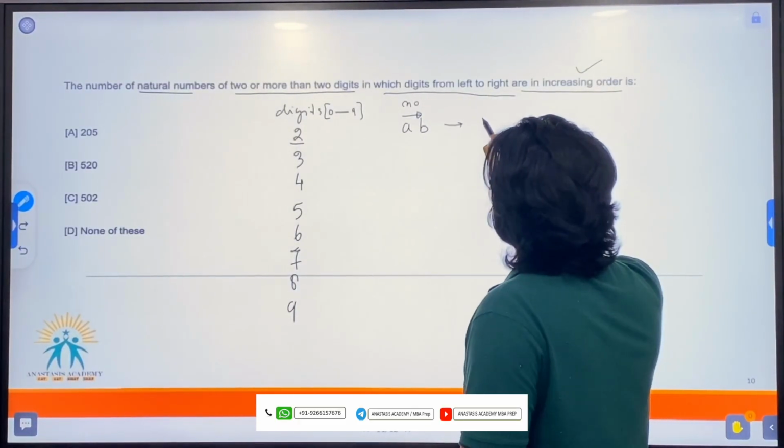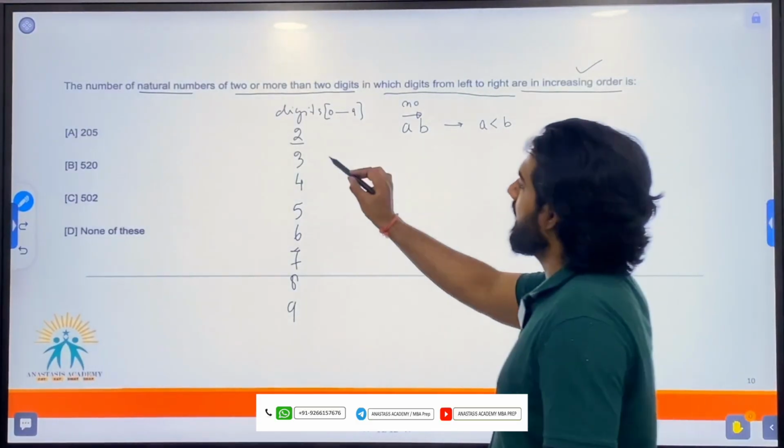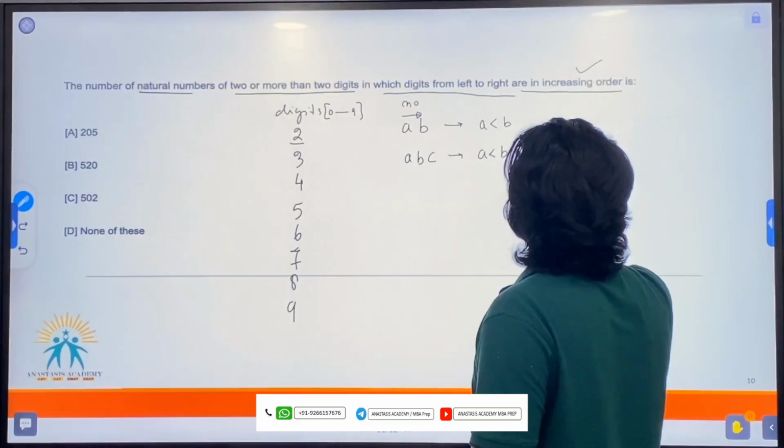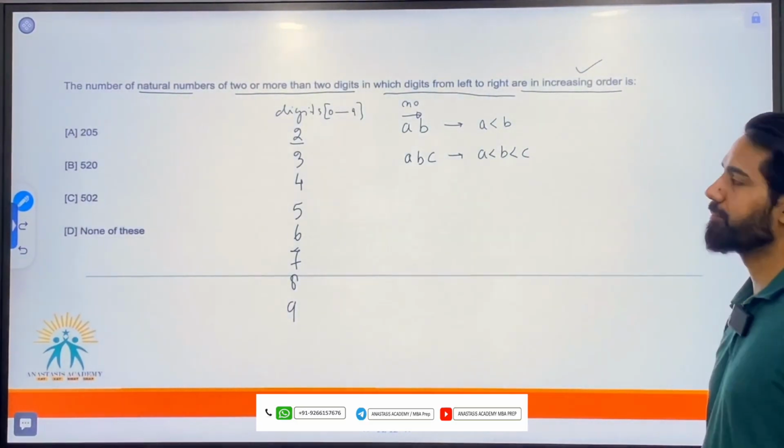It means that A has to be less than B, right? And if a 3-digit number is ABC, then A must be less than B, which must be less than C. So I have to find the numbers of such type.